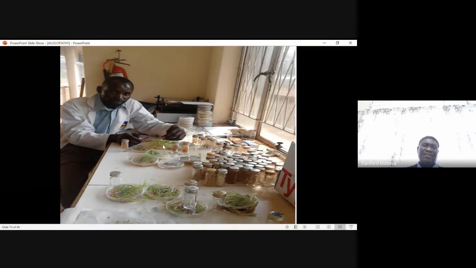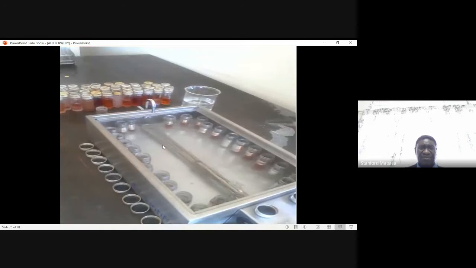There were several sorghum plants from, I think, the SADC region, which were being examined. Again, here's a bath where the extracts are actually concentrated. And there are some of the concentrations.